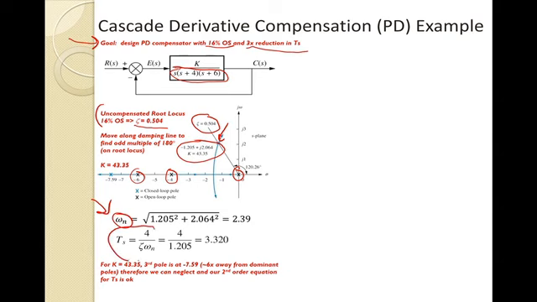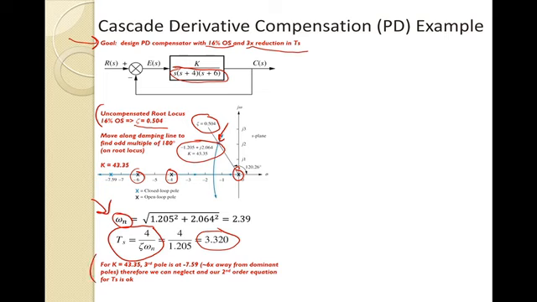This was an expression we found in the modules, in that section. If we know omega n and zeta, we can find the settling time. What we found for this uncompensated case is roughly 3.32 seconds, at a value of k shown right there.